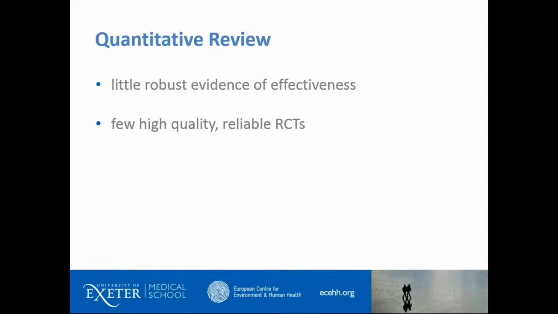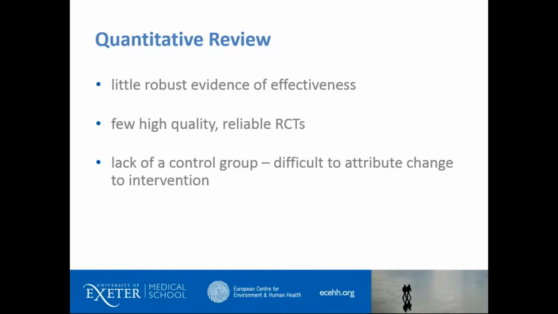There were few reliable RCTs. There were only 4 studies with RCTs, and 7 other studies used some kind of control or comparison group. So much of the quantitative evidence came from uncontrolled before and after studies, and with the lack of a control group, it's difficult to attribute change to the intervention.